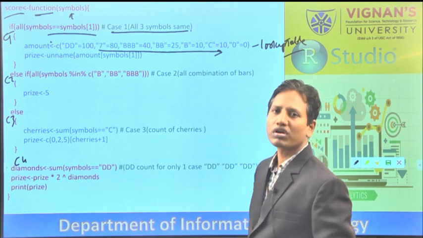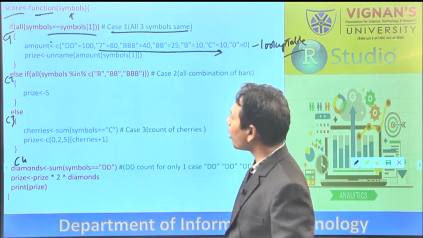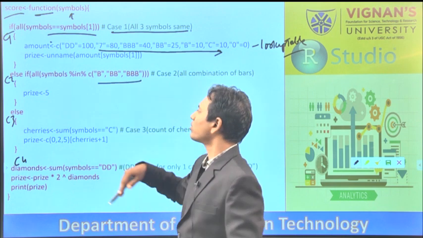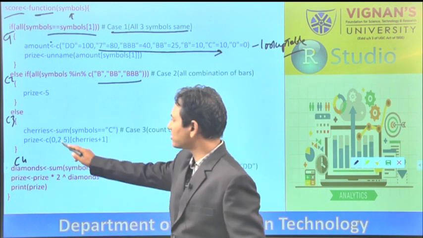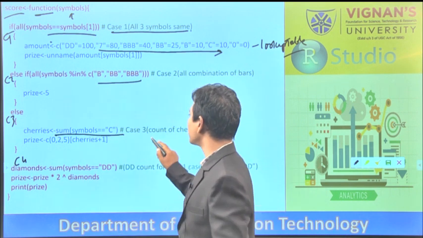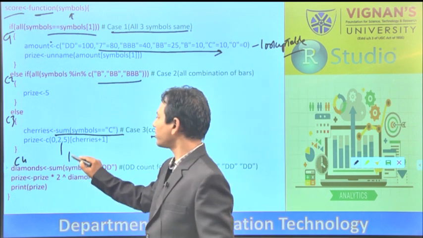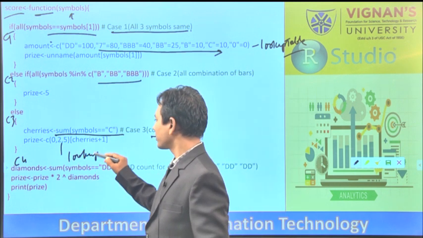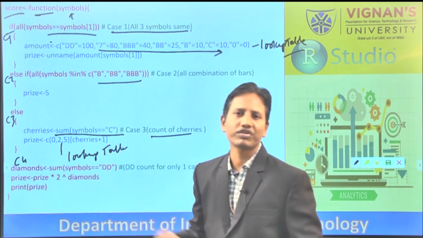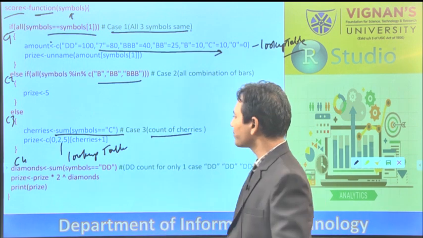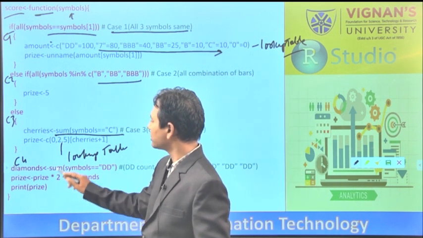Next, if that condition is not met, we move to the next condition, whether all bars are present or not. If present, the prize amount is found from a lookup table. Then we use the sum function and count the cherries, again with the help of a lookup table. And ultimately for diamonds also the same concept is used.